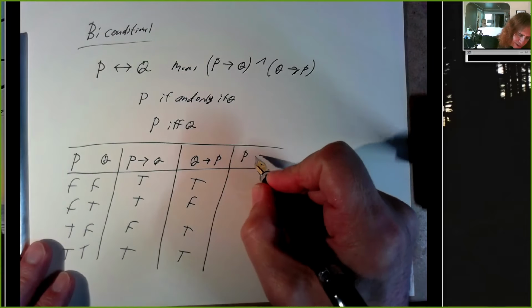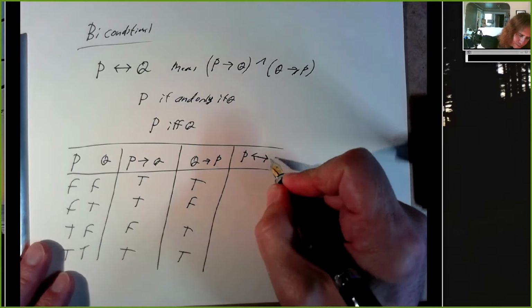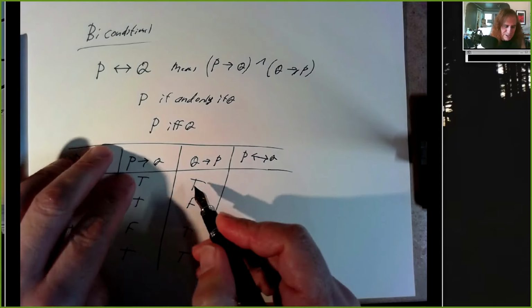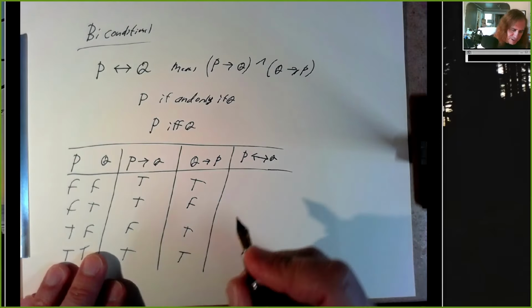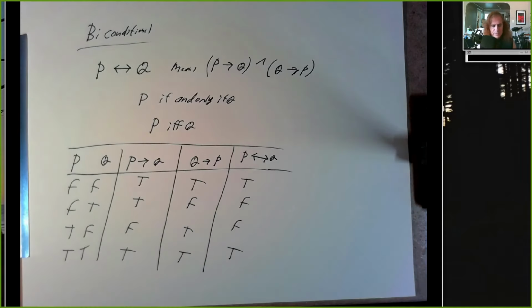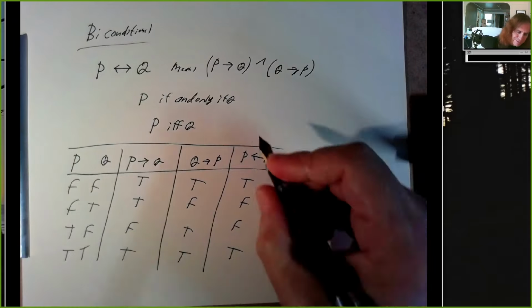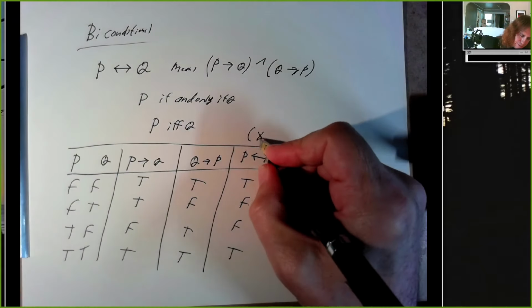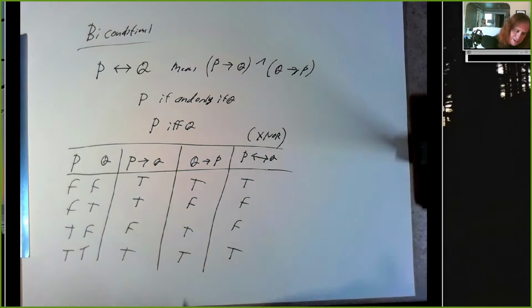And so the biconditional is the conjunction of these two expressions, which will be true, false, false, true. And for whatever reason, that's an exclusive NOR.